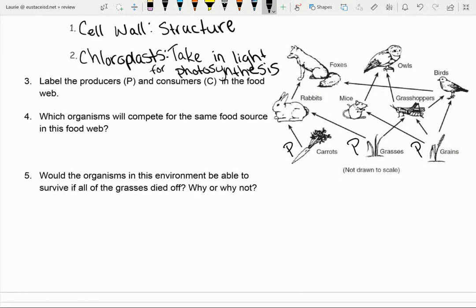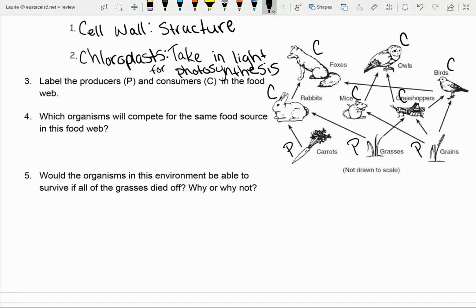So you know that everything else must be a consumer because, the easiest way to see in a food web is that the arrow shows the flow of energy coming to them from another organism. So we know they are consuming another organism for energy. They depend on another organism for energy. So everything else here is a consumer.